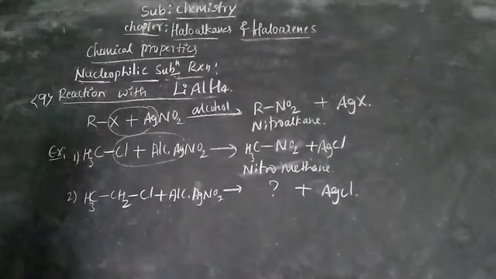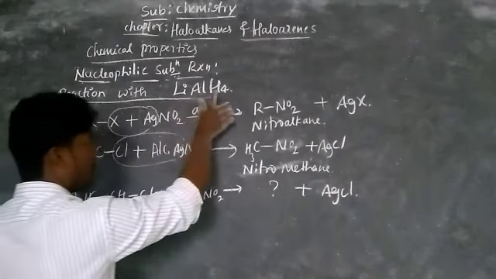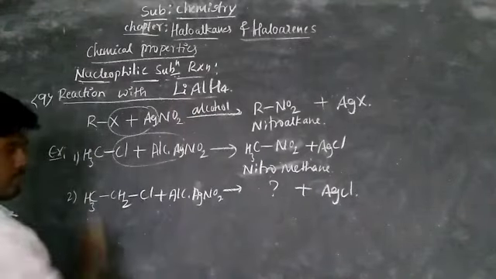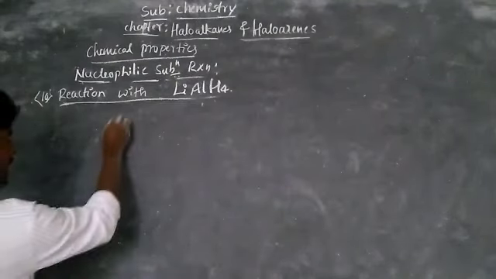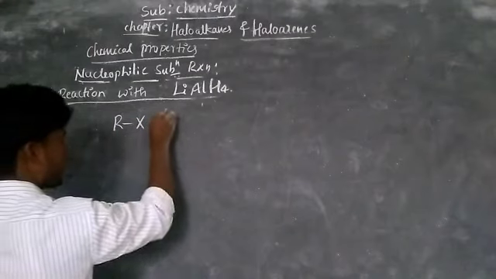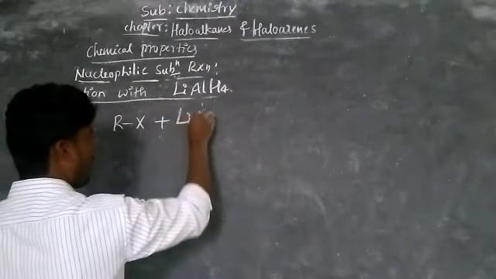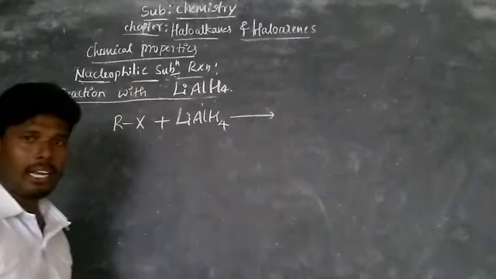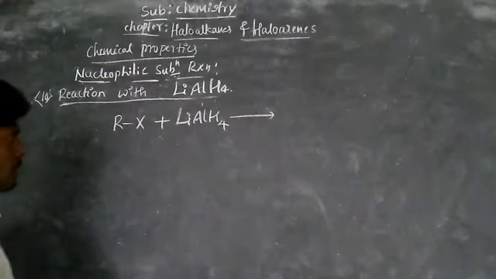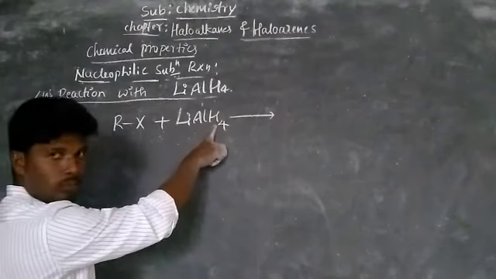LiAlH4, lithium aluminium hydride. So here alkyl halide is treated with lithium aluminium hydride. You get lower alkanes. Observe how many hydrogens are there here: 4.